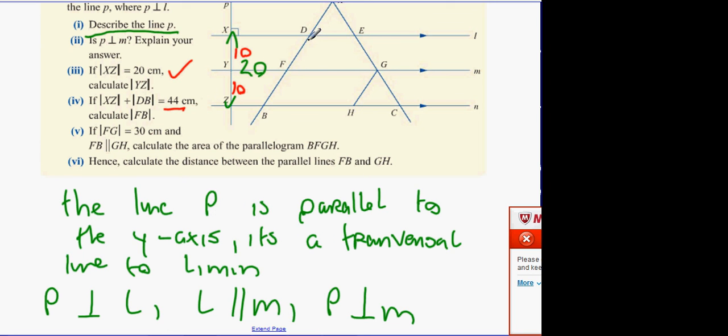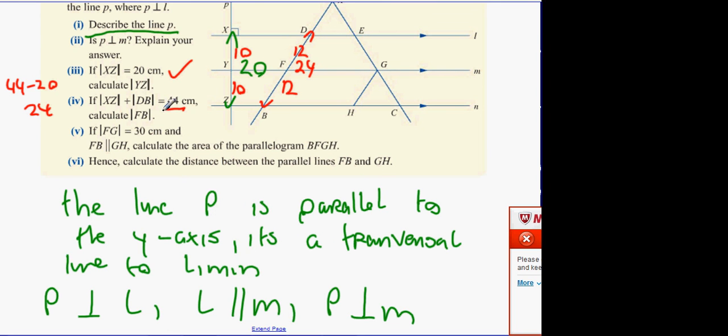What does that mean about DB on its own? 24. It's going to be 44 minus 20, which is 24. It's 24 from here to here. What is half going to be? What's FB going to be? 12. What's DF going to be? 12 as well.